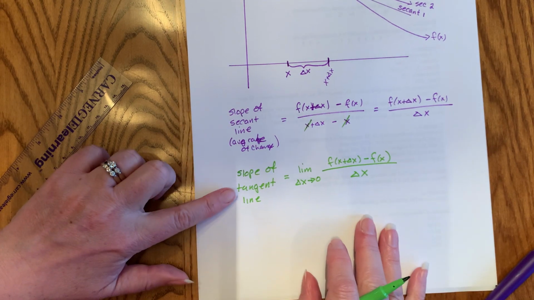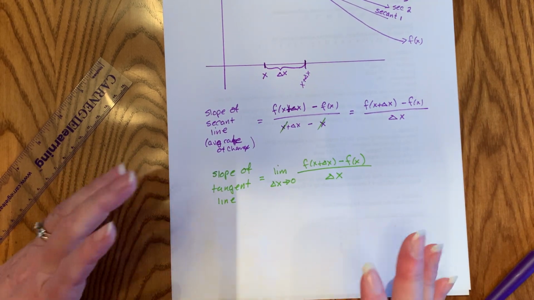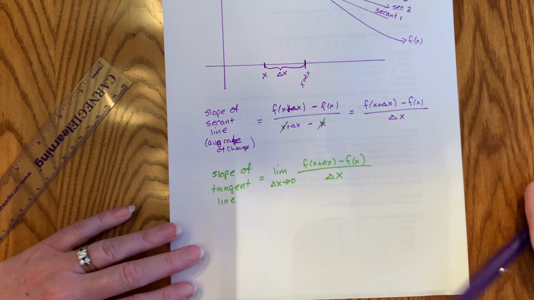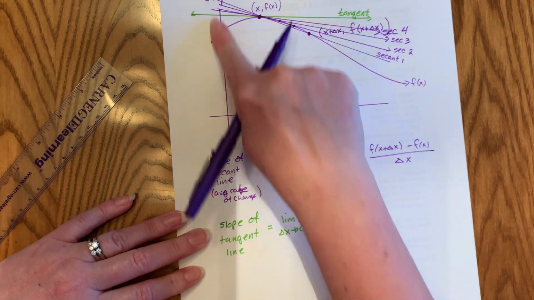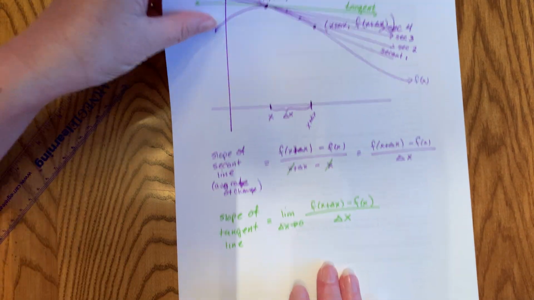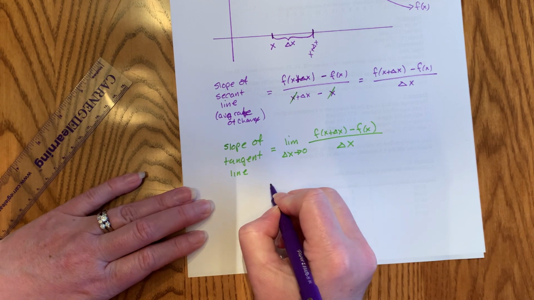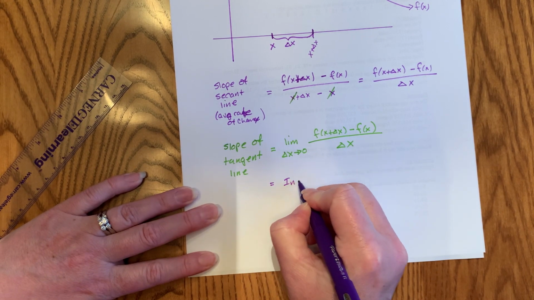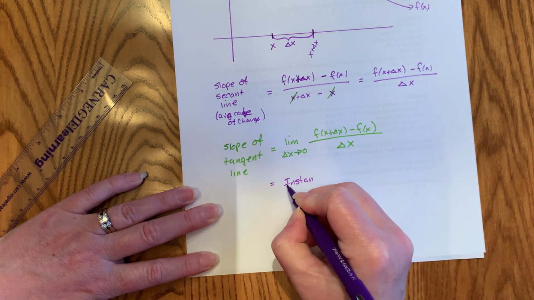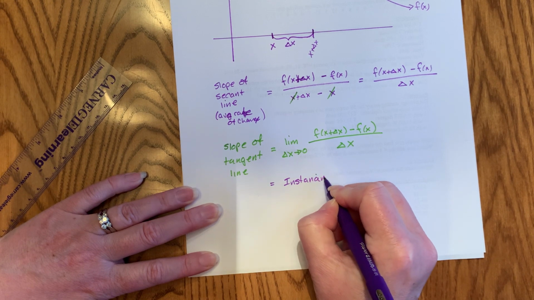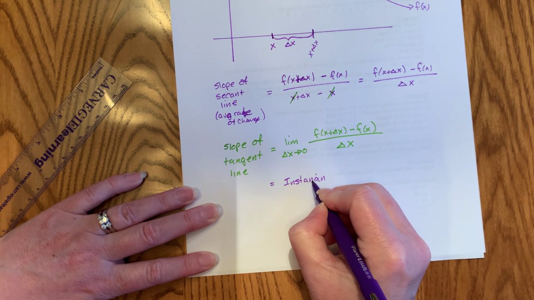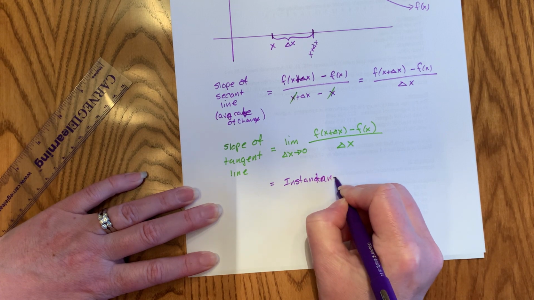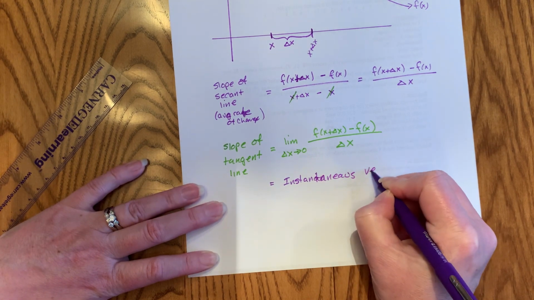This becomes so important. It is so much more than just the slope of the tangent line. Yes, it is the slope of the tangent line, but if we have position versus time, this also becomes instantaneous velocity.